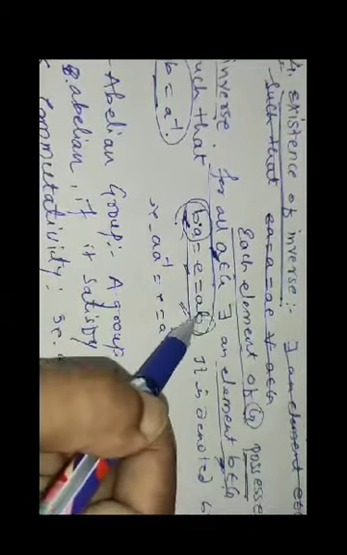So this element B we indicate by B is equal to A inverse, and therefore A into A inverse is equal to E is equal to A inverse into A. So these conditions are satisfied by the set G. And if these four conditions, which four conditions?